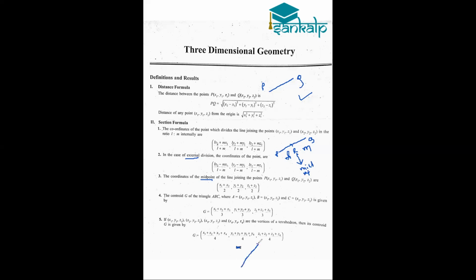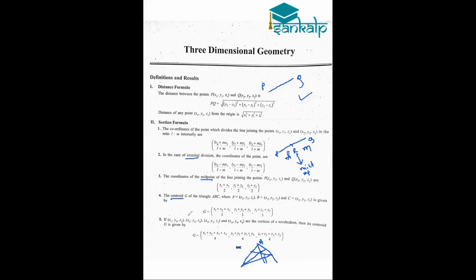A median is a line segment which joins a vertex of a triangle with the midpoint of the opposite side. So the vertex A we join to the midpoint of the opposite side, and here AD will be the median. In the same way we have three medians from all three vertices, and the point of intersection of all three medians gives the centroid of the triangle.